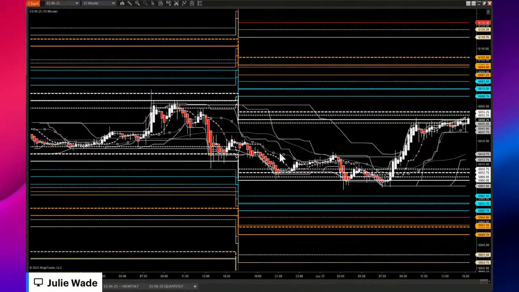So you can see here a 30-minute median holds a trend really well for a trend trading strategy. This lower one is the 15-minute, but that 30-minute really is a good trend following signal.